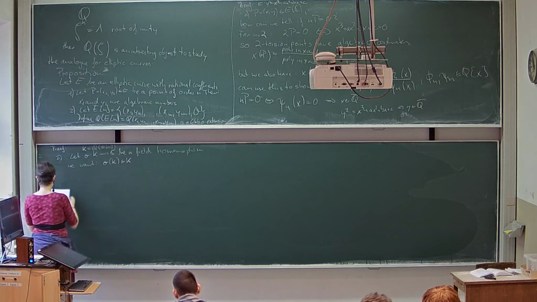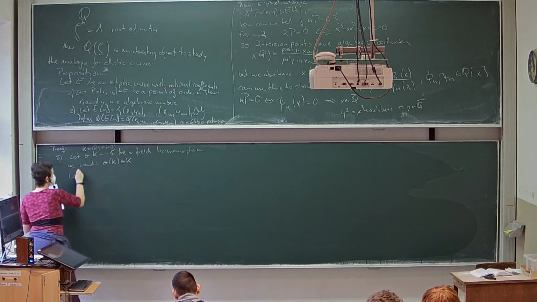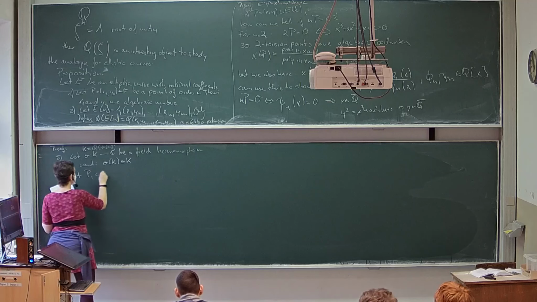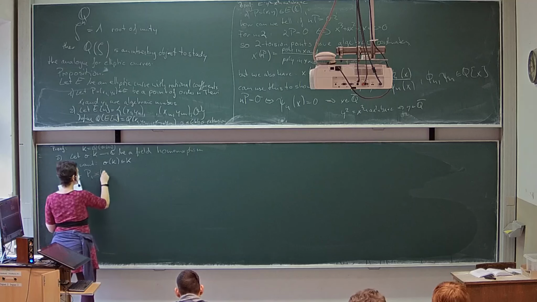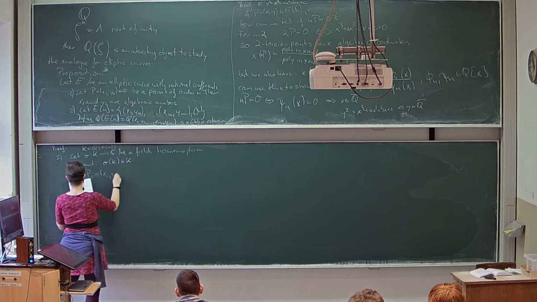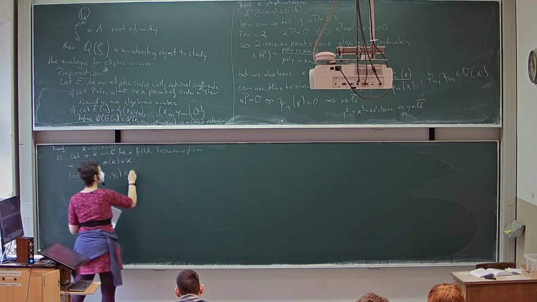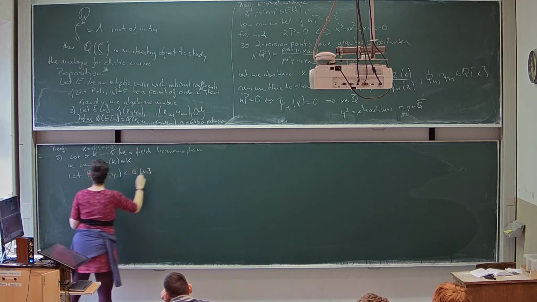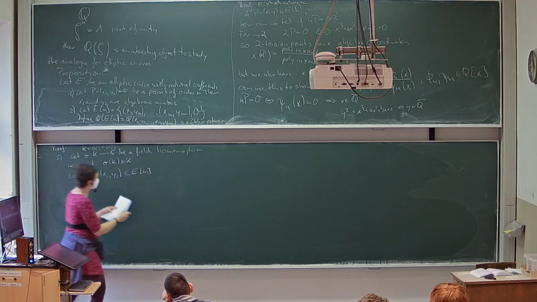Okay, so let's take points and call them Pi. Those should now be all the torsion points.